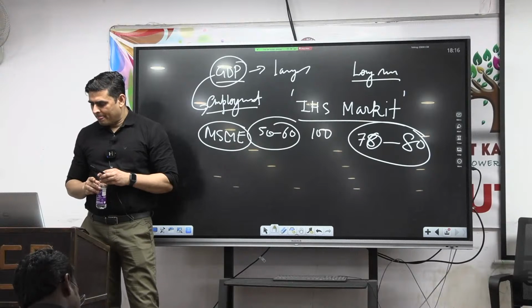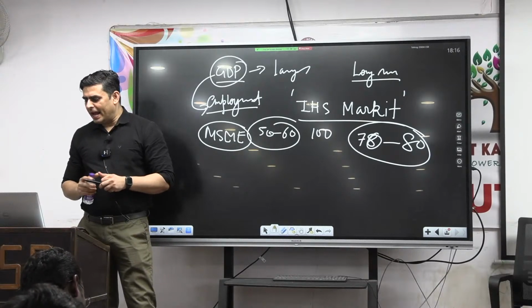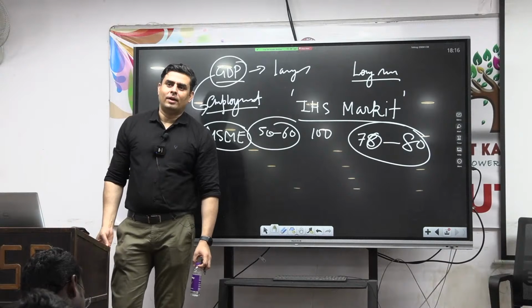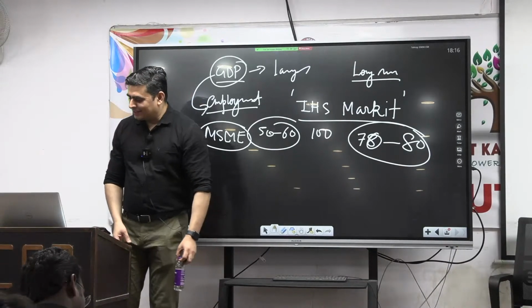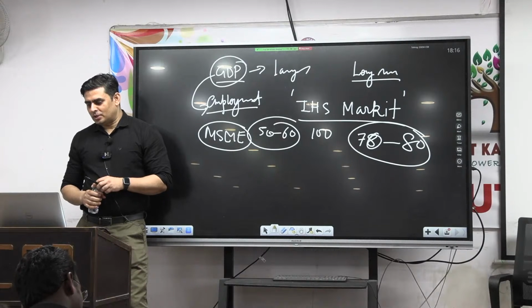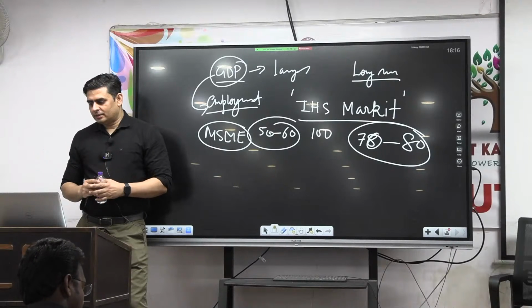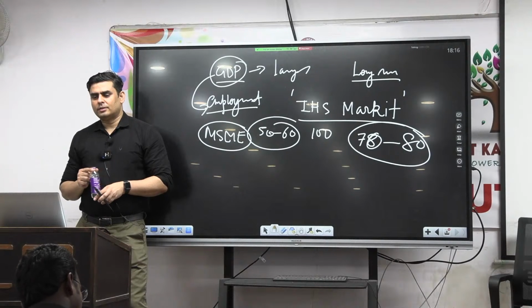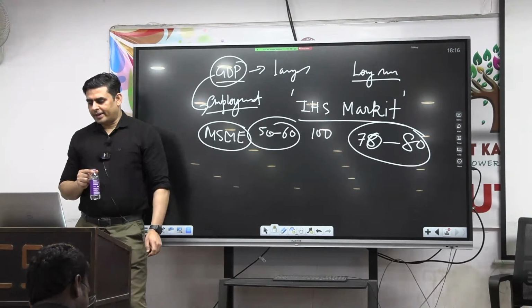Statement number 2: A PMI above 50 indicates economic expansion, whereas below 50 signals contraction.